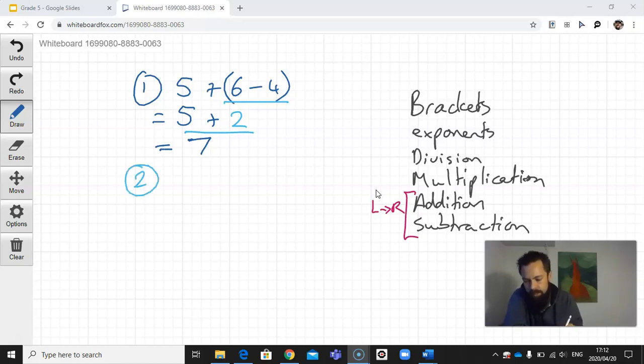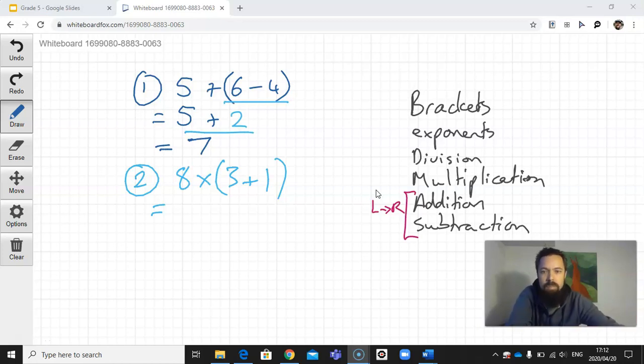Number 2, 8 times 3 plus 1, in brackets. Following a very similar format to the previous one, give that one a go. See if you can figure that one out. So what do we start with? The brackets. So work out the brackets and leave the 8 and the times unchanged.